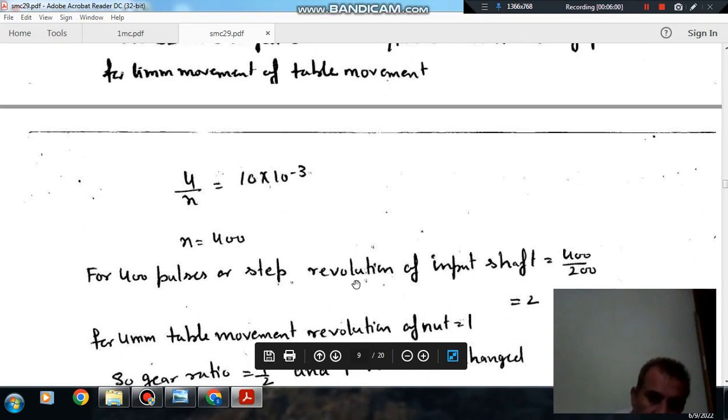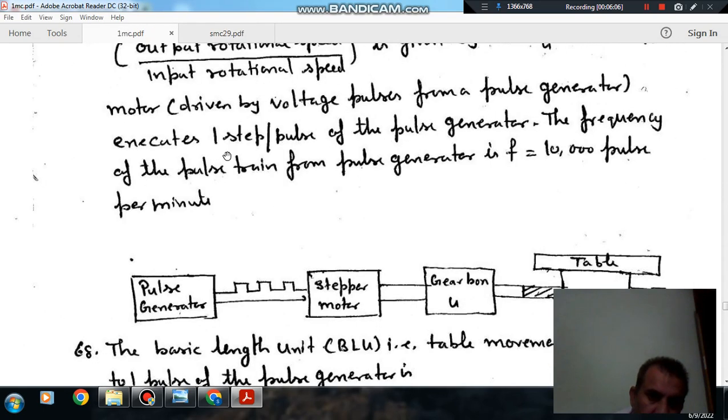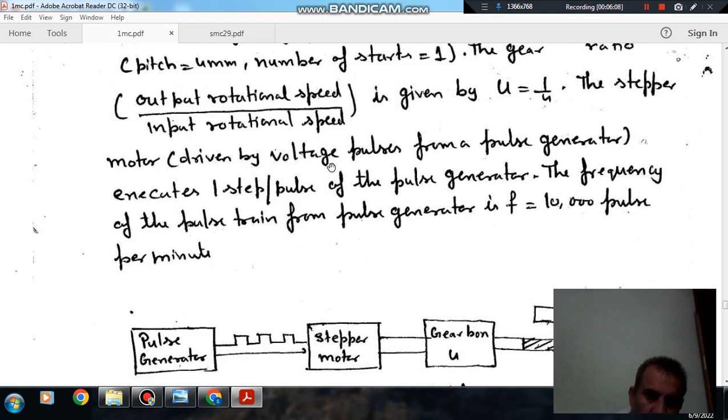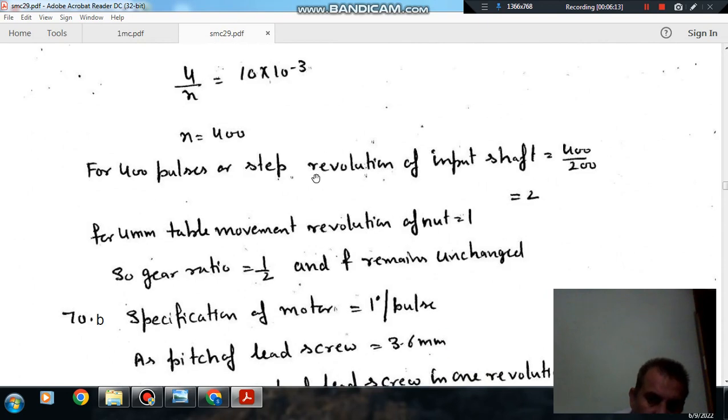Now for 400 pulses, the revolution of the input shaft is 400 by 200, that is 2, because for the input shaft there are 200 pulses for one revolution. It means for 400 pulses the revolution of the input shaft is 2. And for 4 mm movement of the nut, the revolution of the nut is 1, because it is the pitch.